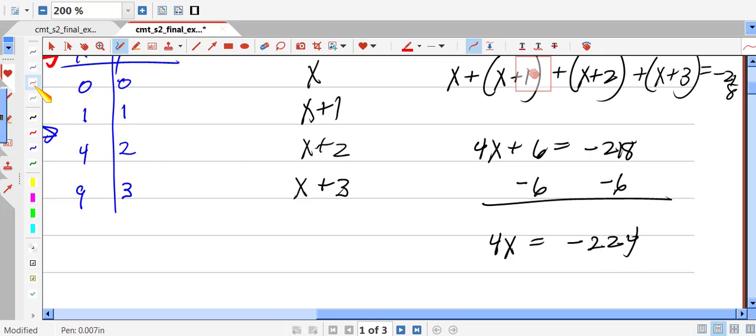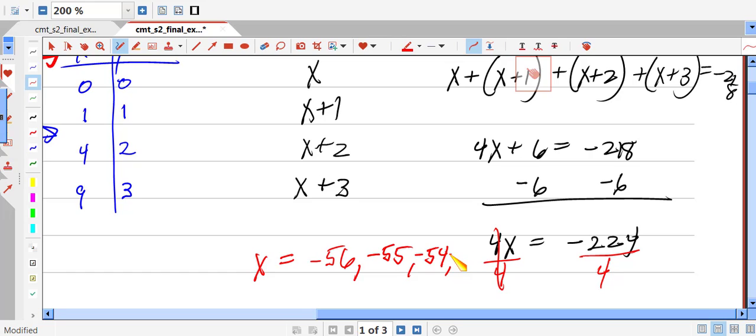Then I'm going to divide by 4, and that's going to give me x equals negative 56. So that means my consecutive integers are negative 56, negative 55, negative 54, and negative 53. All right.